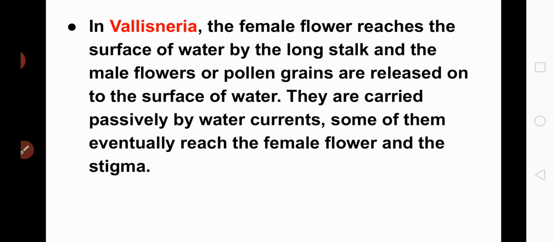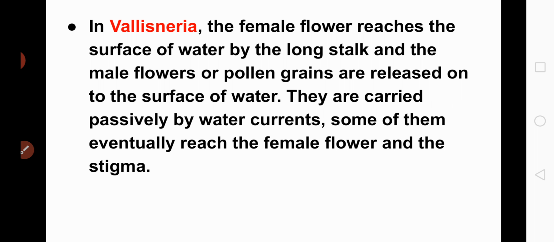In Vallisneria, the female flower reaches the surface of water by the long stalk, and the male flowers or the pollen grains are released onto the surface of water. The female flower has a long stalk and it is coiled.